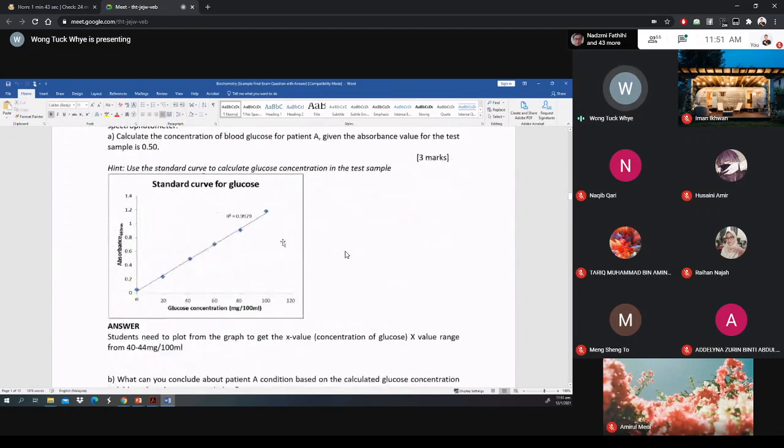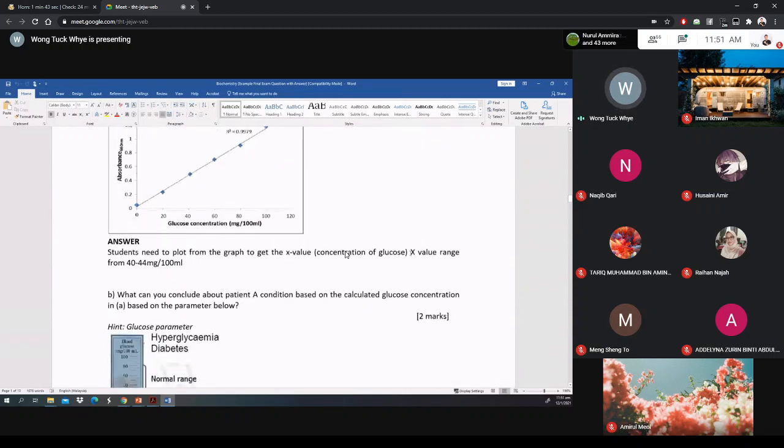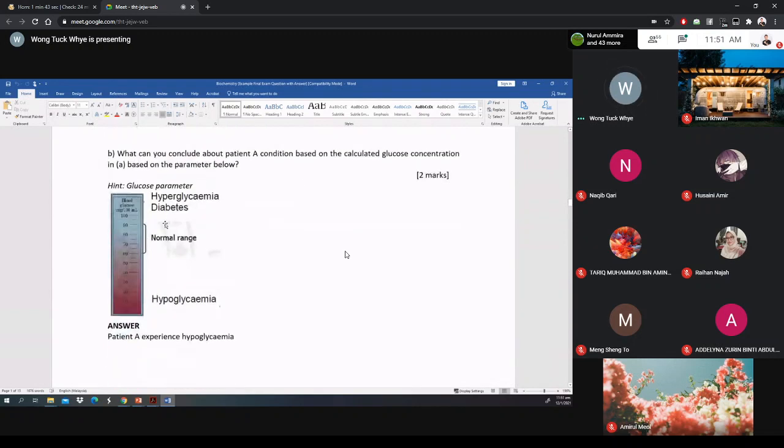We will ask the student to actually perform the standard curve, and then we give the absorbance value, which is 0.5. From that 0.5, you draw one line, and you will get the glucose concentration, which is around 30, maybe 30 something.